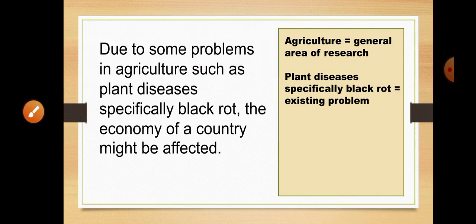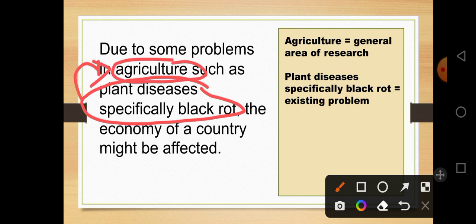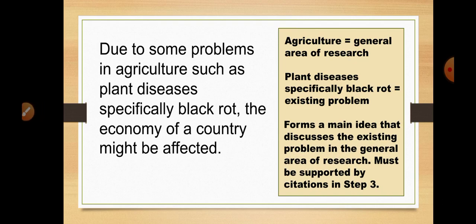We have agriculture and we have plant diseases, specifically black rot, as our existing problem in our general area. Okay, so this class, it forms a main idea that discusses the existing problem in the general area of our research.